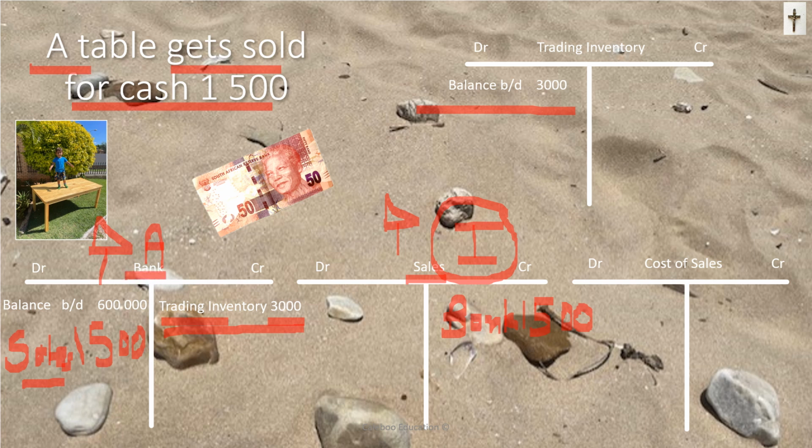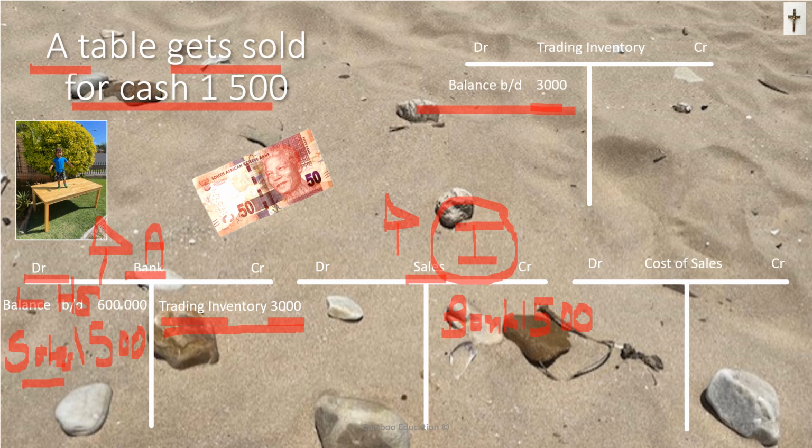So there was an increase in our bank balance of 1,500. The account must get debited. So it's on the left hand side, the entry. And sales was credited. The entry goes on the right hand side in the account because there was an increase in income. But that's only the first part of this sale.